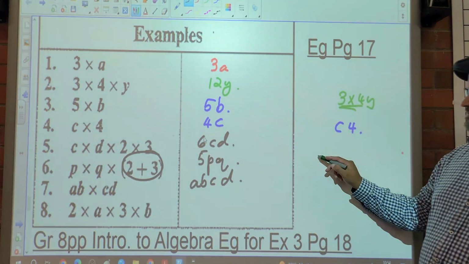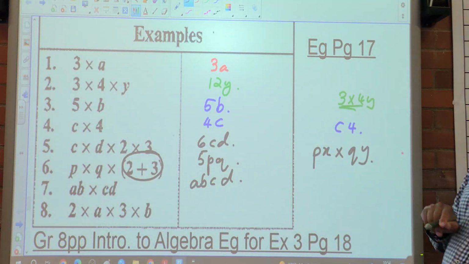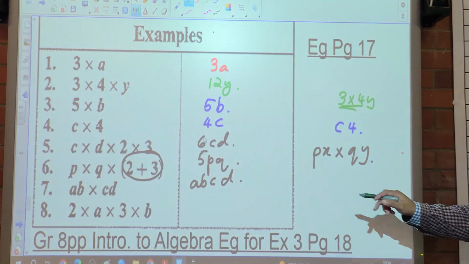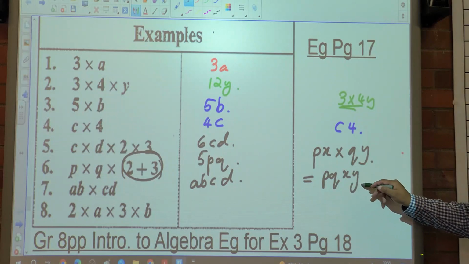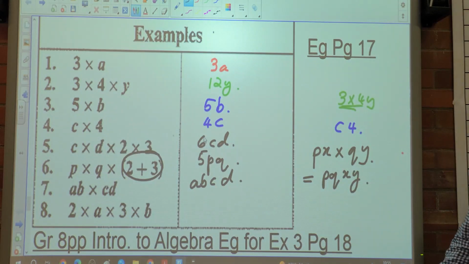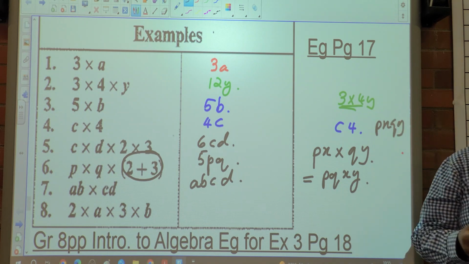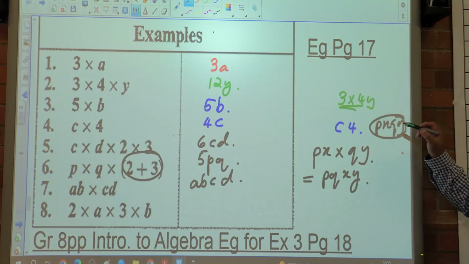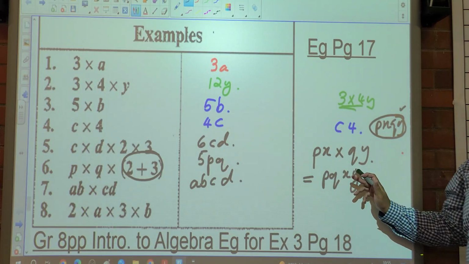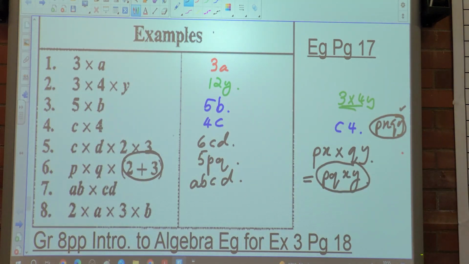Also, for argument's sake, if you had px times qy, what would that have been? pqxy. Why not pxqy? Because we go in alphabetical order. Would this be wrong? No, it would still be right, but the conventional way is to write it in alphabetical order. You guys understand?